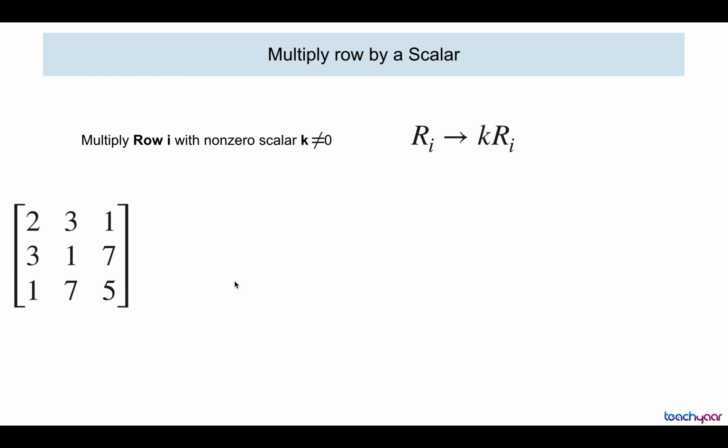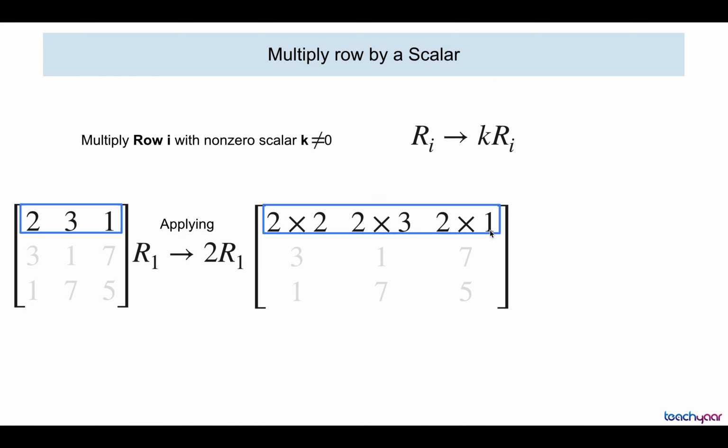You have the same matrix and you apply this operation to the first row 2 3 1. So row 1 now becomes 2 times row 1. You multiply each element by 2, and what you get is the updated matrix where now row 1 is 4 6 2 instead of 2 3 1.